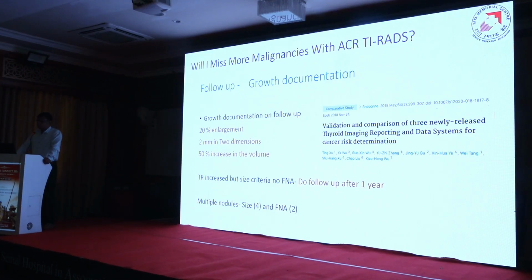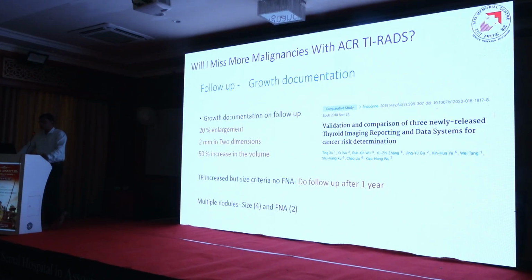If the growth is more than 20%, or if it grows 2 millimeters in 2 dimensions, or the volume grows, then we will definitely escalate to see whether it fits the criteria for FNA. Suppose a nodule is 6 millimeters and now it went up to 8 millimeters; it still does not meet the FNA criteria, because the FNA criterion is 1 centimeter.